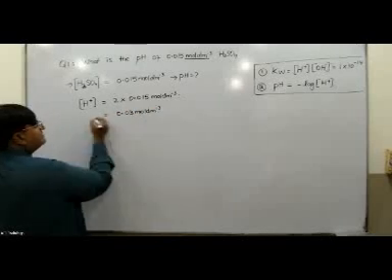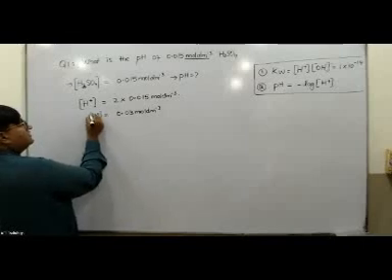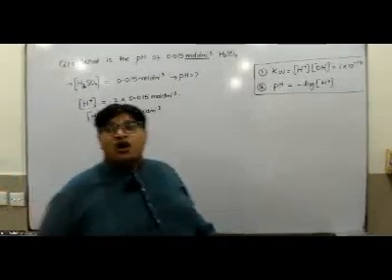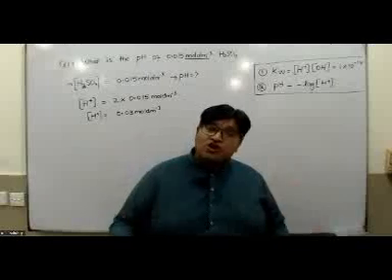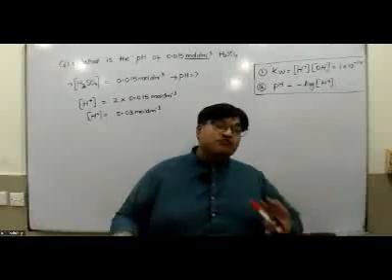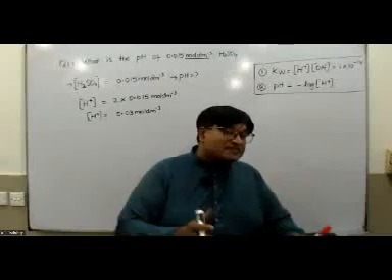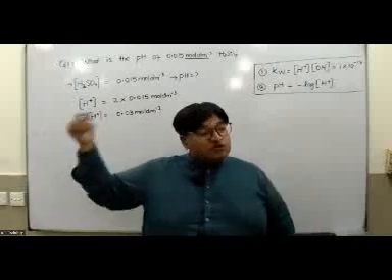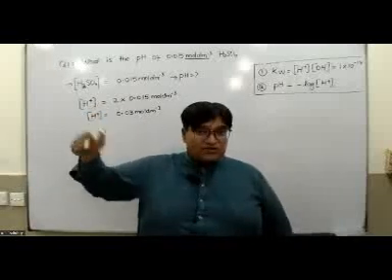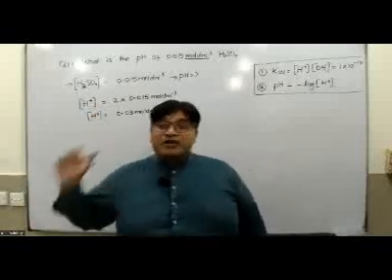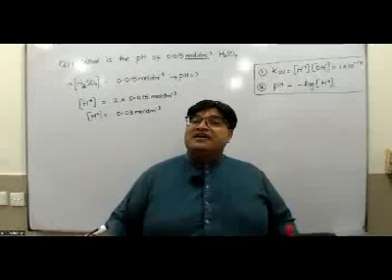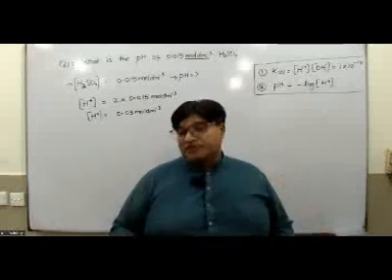So this is the concentration of hydrogen ion. This only happens when you got a strong acid or strong base. If you got a weak acid or weak base, the method is entirely different. We will discuss it after this one, because right now we are only doing the pH of strong acids and strong bases.